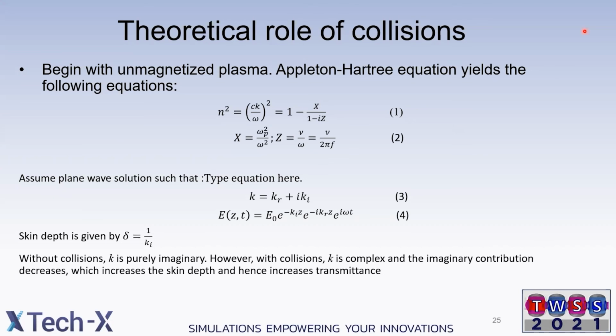How is the skin depth resolved? I don't know if we really need to resolve the skin depth. We're not including any kinetic physics in this. I didn't go through to figure out what the skin depth is in this case.